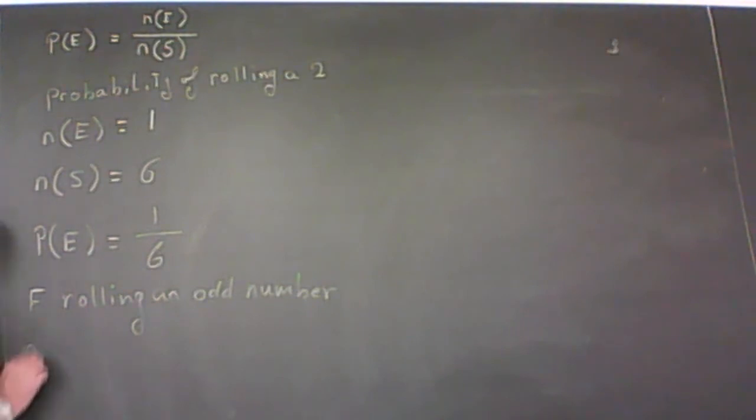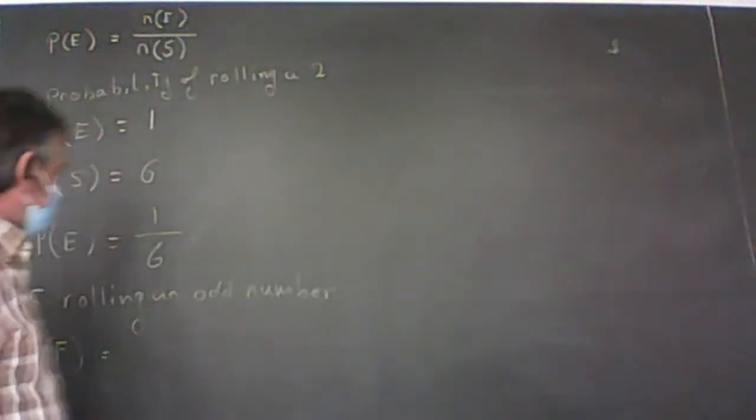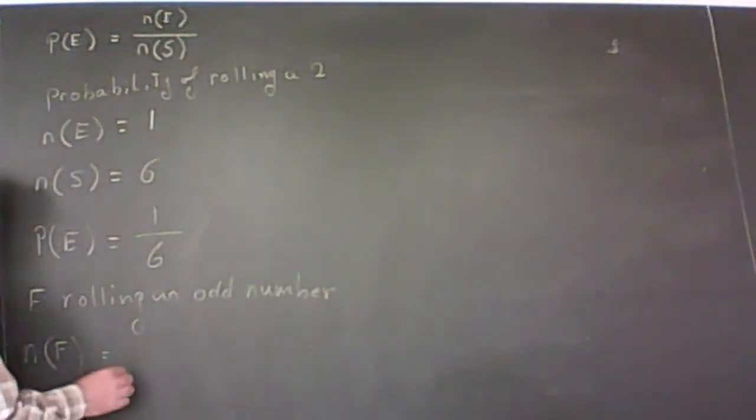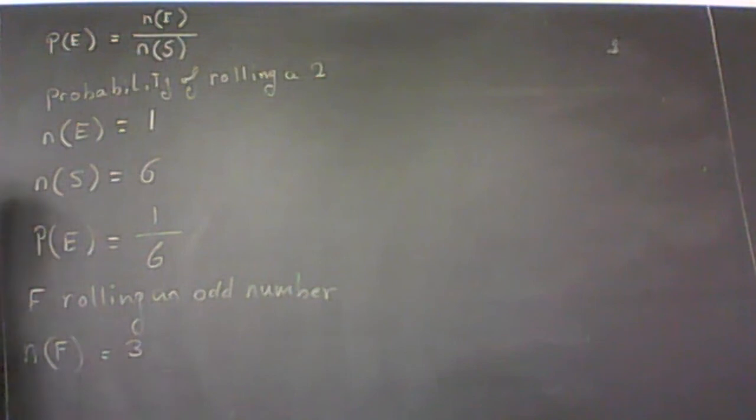So first, we need to know how many odd numbers are there on the die. The number of elements in F: F could either be 1, 3, or 5. So that's going to be 3. Yeah?